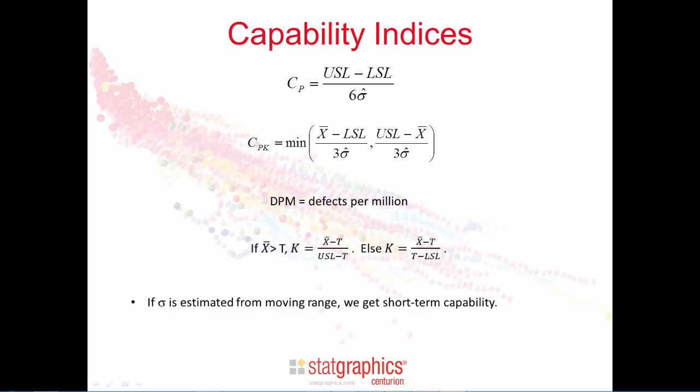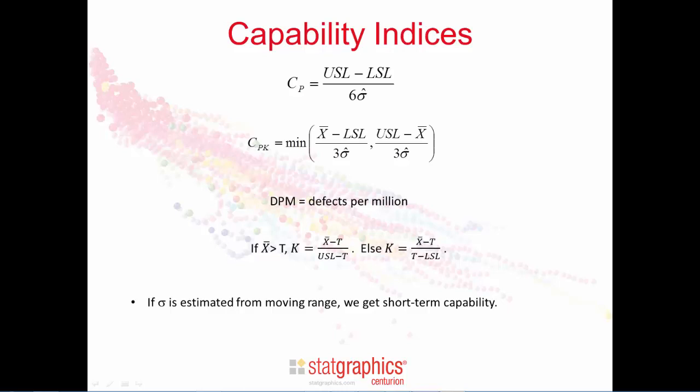I need to make one more important point, and that has to do with how the process sigma is estimated for each of these capability indices. There are basically two ways to estimate the process sigma. The first is to estimate it from the moving range of the data, that is, by looking at the differences between consecutive observations.